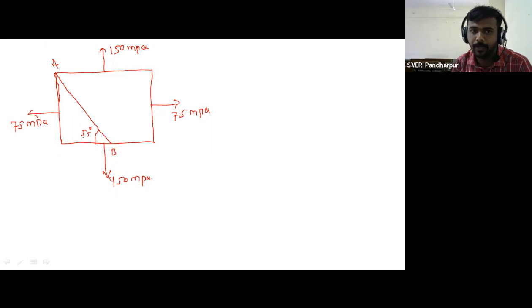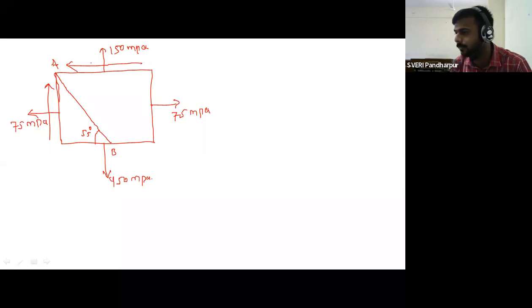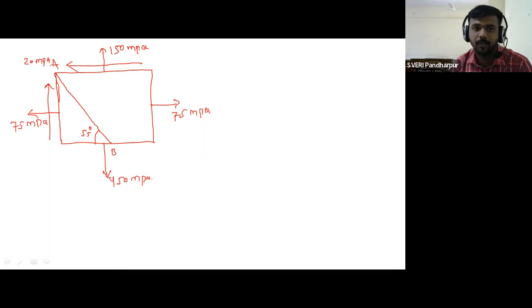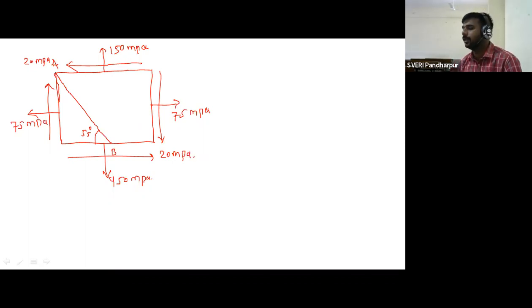Go to the angle 55 degree. Then shear stresses are also given. That is 20 megapascal. So this is the figure.